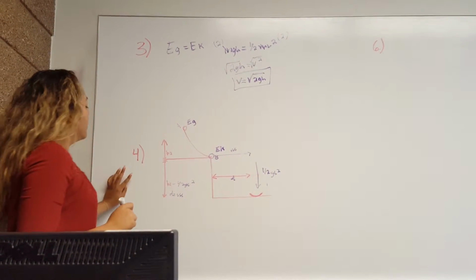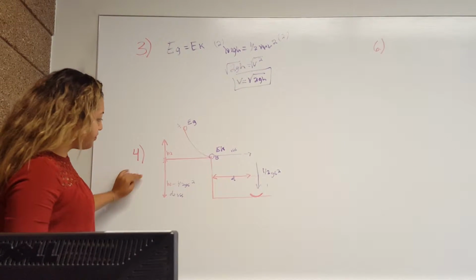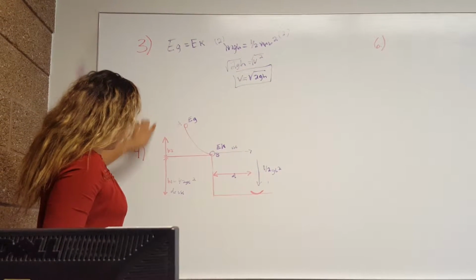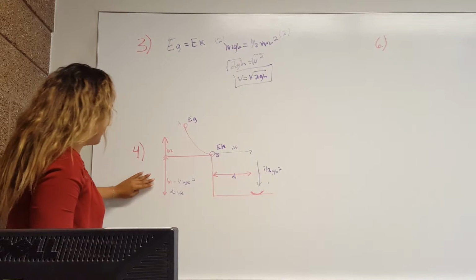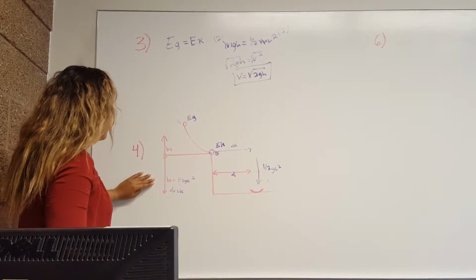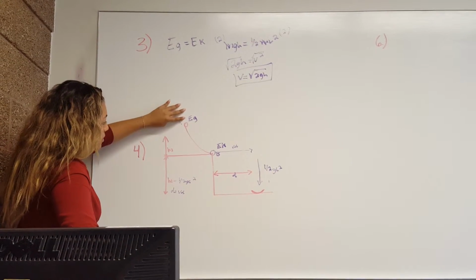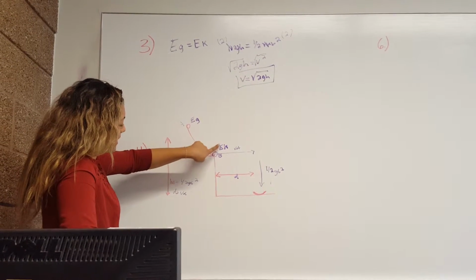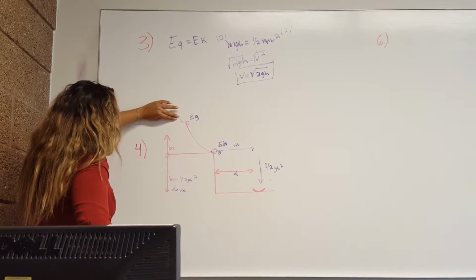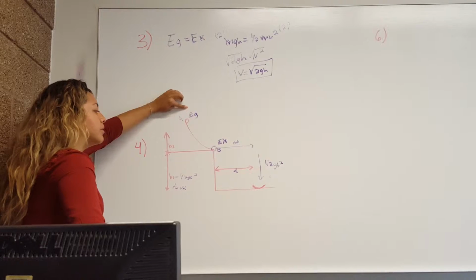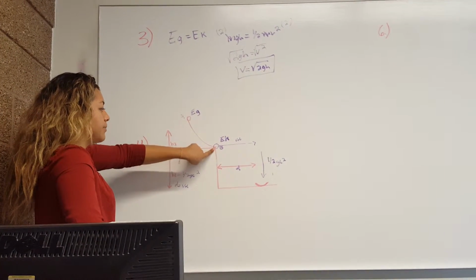Okay. Number 4, this graph is given in the packet. So then what I did, I just labeled A as EG, B EK. This is when you're about to let go of the balloon, and this is when the balloon is about to launch.